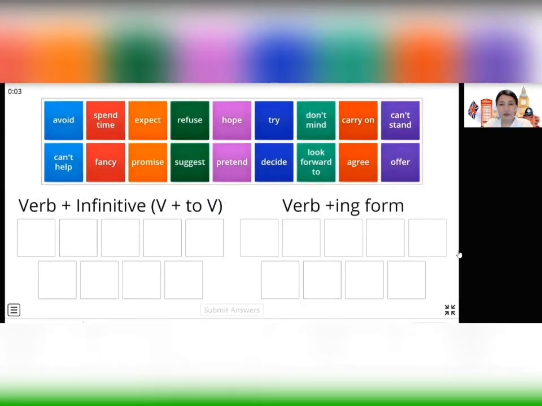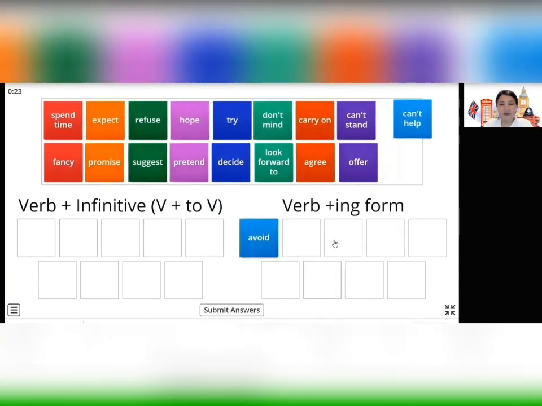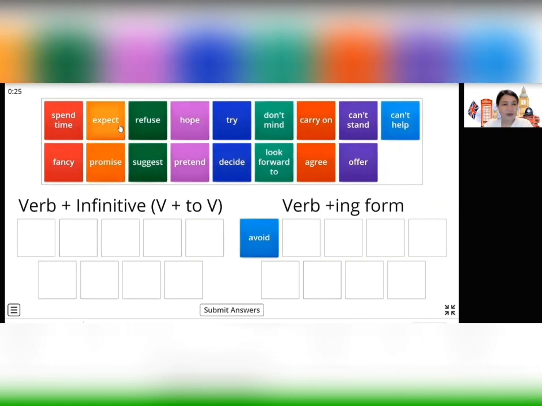You have to divide, just put these verbs into two groups. The first is verb plus infinitive, and the second is verb plus -ing. Which verbs go before these? For example, avoid, we put here, okay.